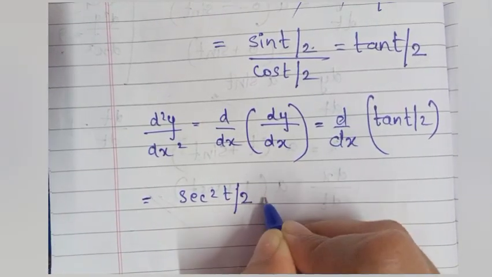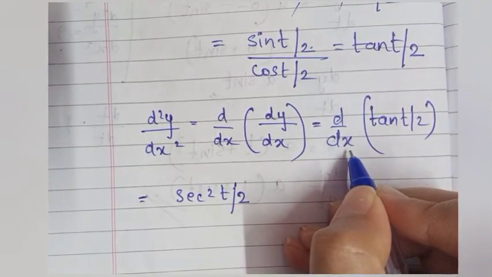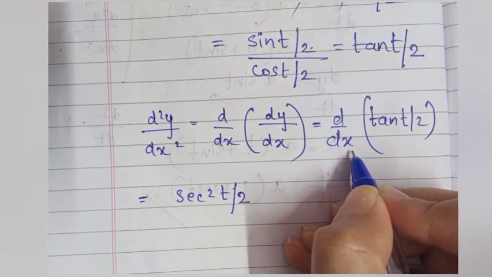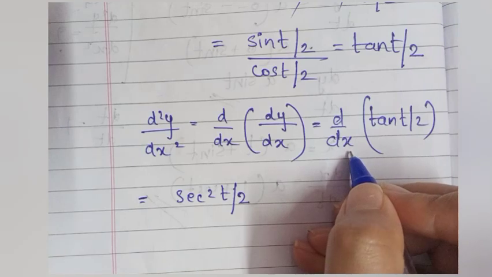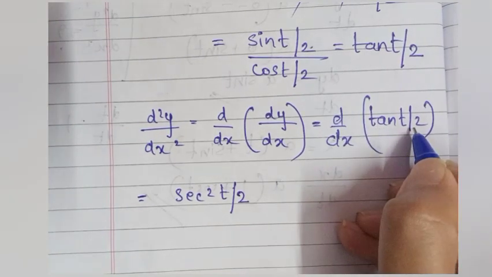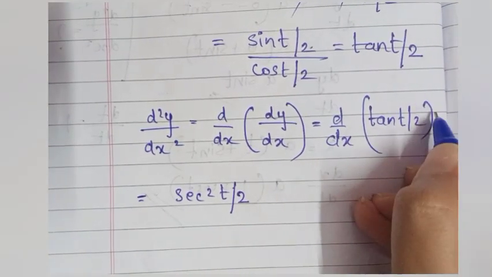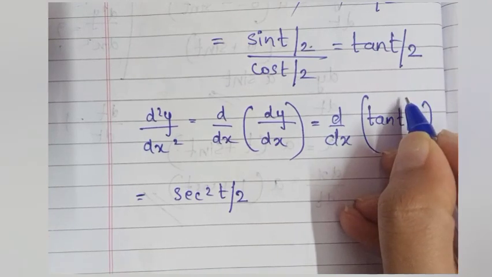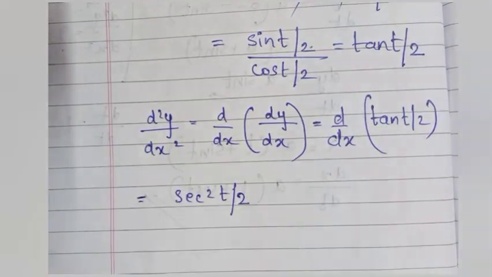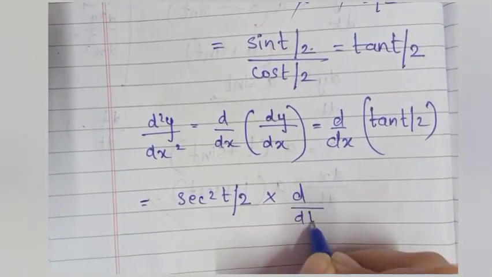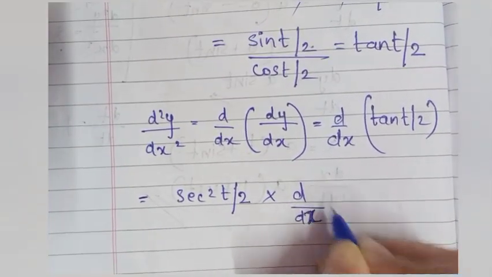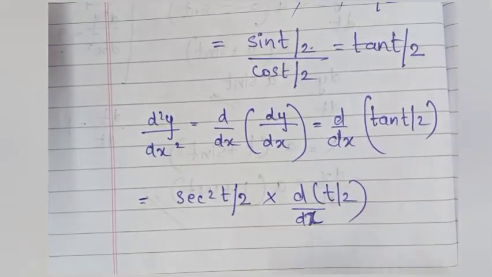Here the denominator is dx, that is we are differentiating in terms of x, but here it is tan t by 2, so we have to differentiate this t by 2 again, into d by dx of t by 2.